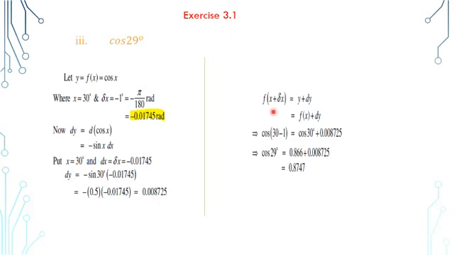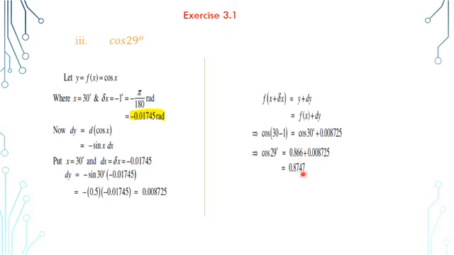0.00875. We know that f of x plus del x is approximately equal to y plus dy. We replace the value of y, that is f of x, that is cos x, and cos x means cos of 30 plus dy, 0.00875. Cos 30 is 0.866 plus 0.00875.